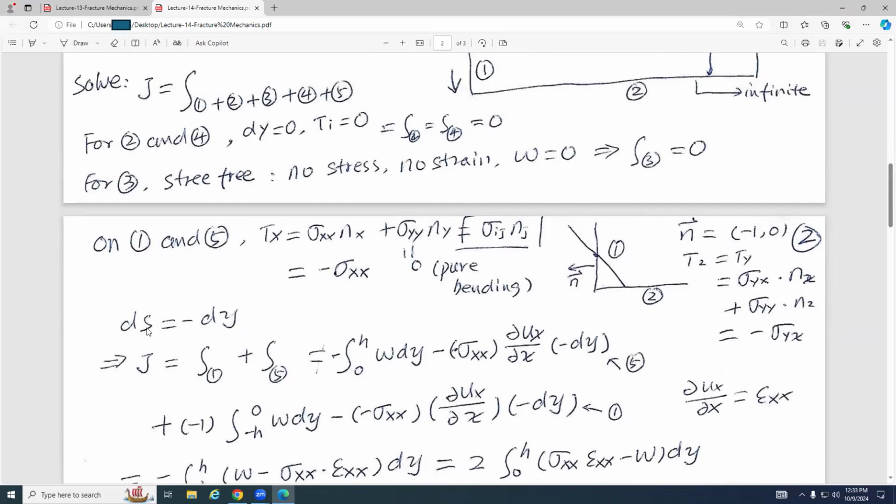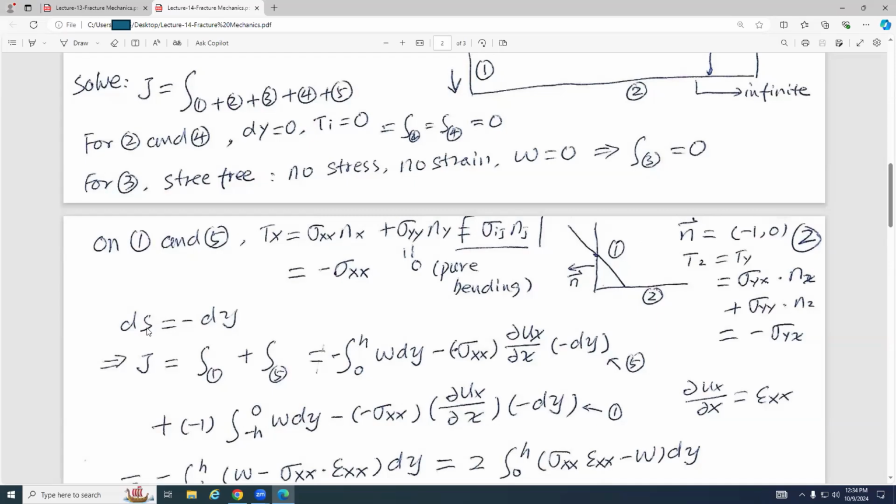You agree? Because it is a straight line, the arc is a straight line, right? That means ds is negative dy. Right? You understand this?